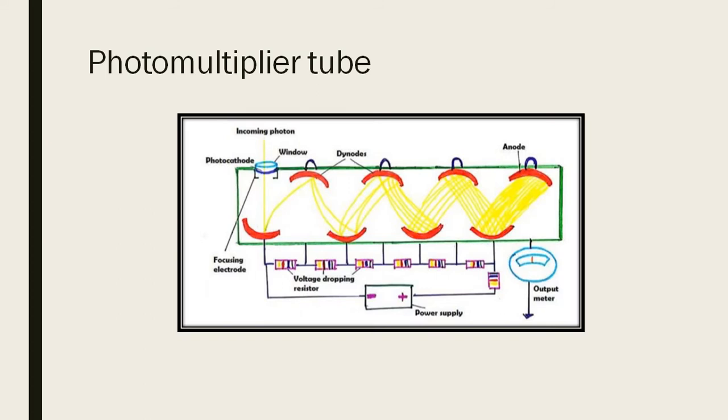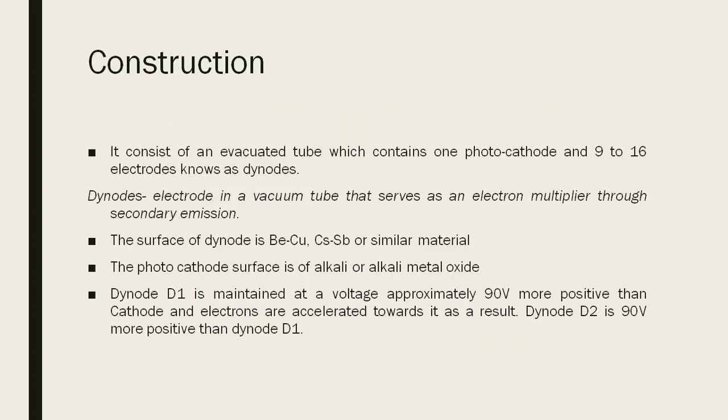You can have a look at the diagram here. It consists of a photocathode, then diodes and then anode. So it consists of an evacuated tube which contains one photocathode and 9 to 16 electrodes which are known as diodes.